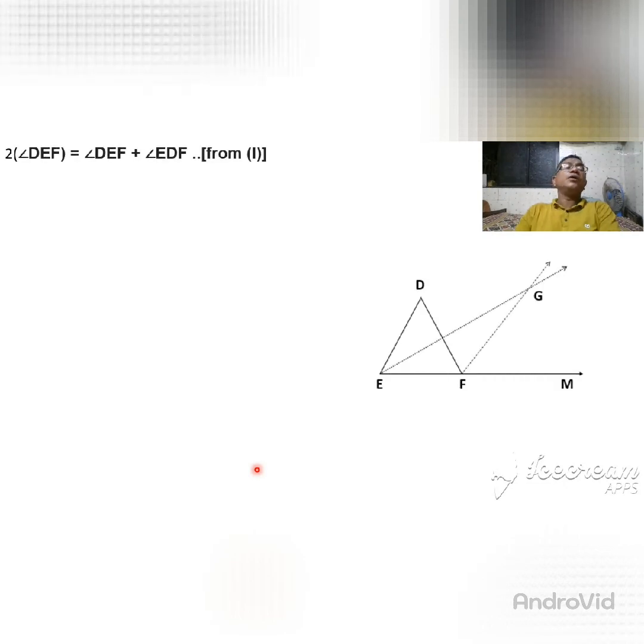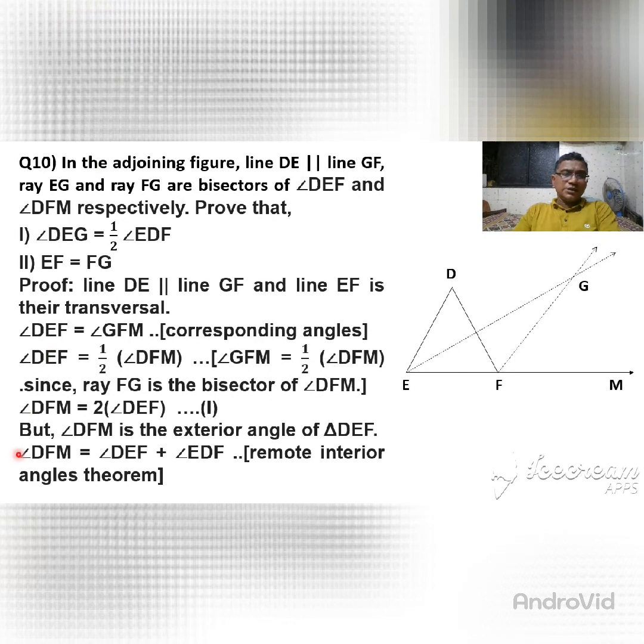Do you understand? So 2 angle DF is equal to, because that is already there. If some of the students don't understand, see what is said: DFM is equal to DEF plus EDF. But DFM is equal to what here?